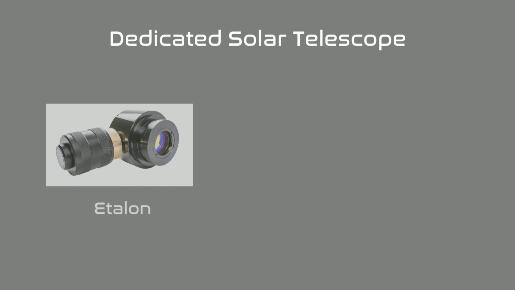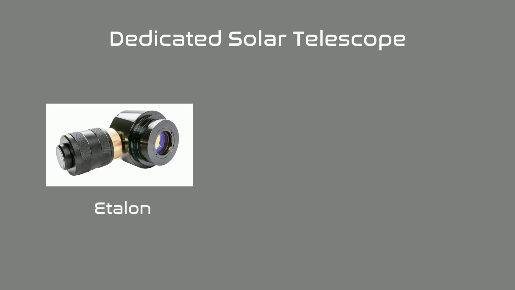Dedicated solar telescopes also require 2 additional pieces of equipment that have to be used together. The first is called an etalon, which is an interface filter composed of 2 flat and parallel surfaces that are coated with a reflective dielectric layer.